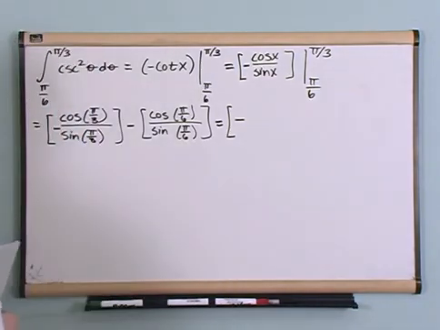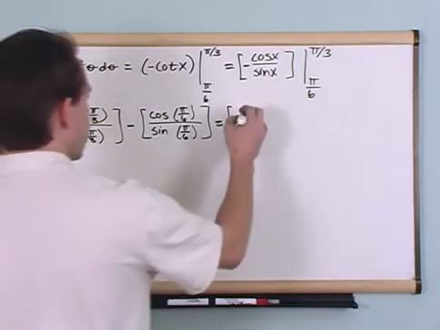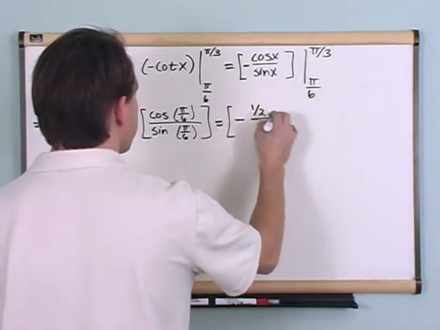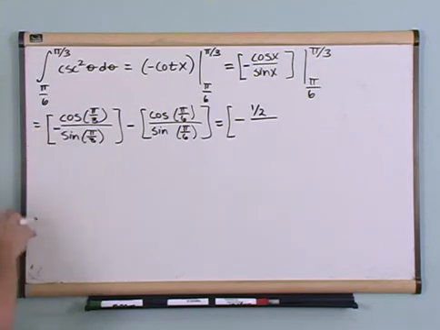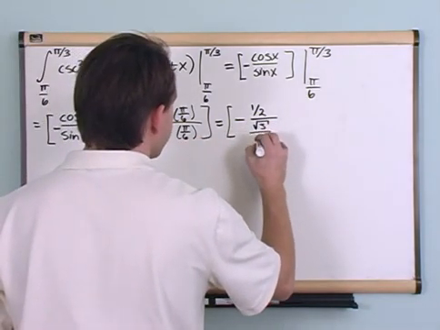Okay, cosine of pi over 3 is the same thing as cosine 60 degrees, which is 1/2, so I'm going to have 1/2 in the top of this right here. The sine of pi over 3, which is the sine of 60, is the same as the square root of 3 over 2. That's the answer. This is all from trig and pre-calculus.